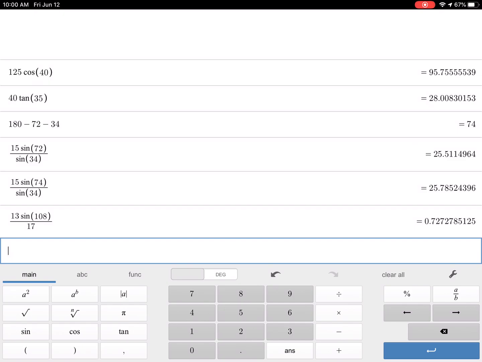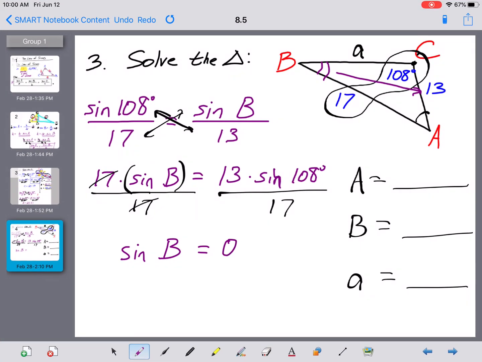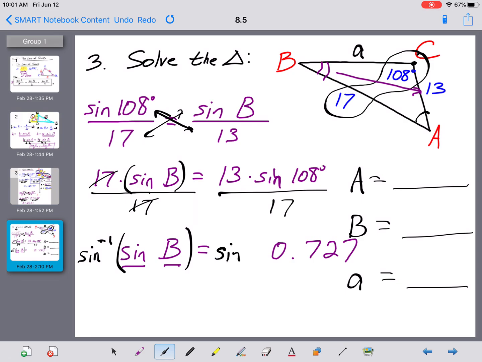Now, if you do this right, it doesn't really matter what you write down on your paper. 0.727. All right, and I should have left some room here. Here's why. We now need to get this B by itself, which means we have to undo this sine, which we're going to do by taking an inverse sine on both sides. Now, what I'm about to tell you here is always important, you guys, if you want your answers to be accurate, but it's especially important when we're doing trig.